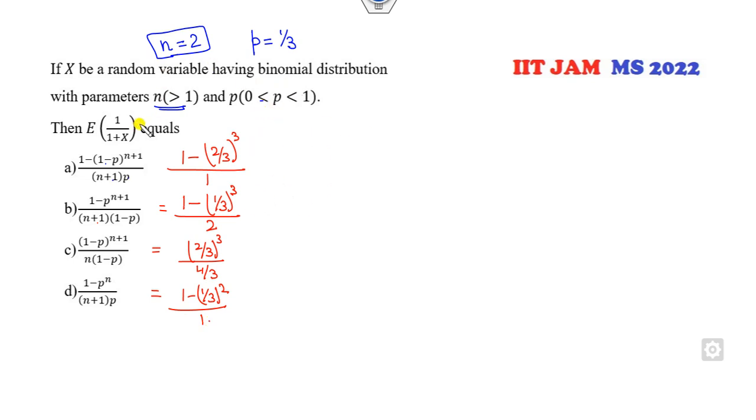Now you can see about that. What is the binomial distribution? Now I can open this value. I can write this as a summation of 1 over (1 plus x), nCx, p is 1 by 3, q is 2 over 3, raised to power 2 minus x. What is the range of x? X varies from 0 to 2.